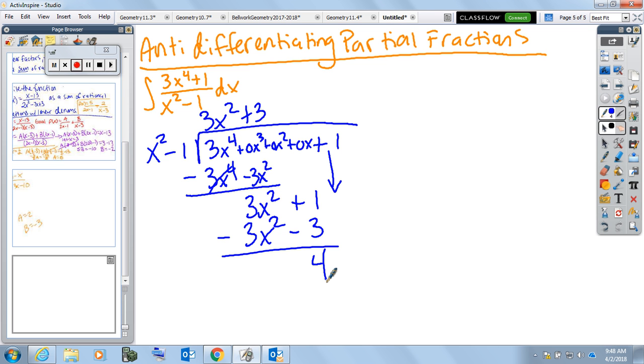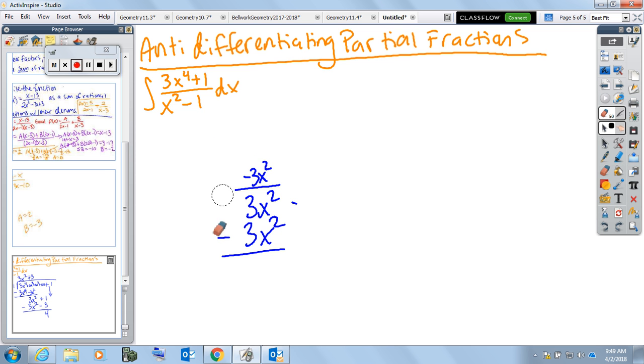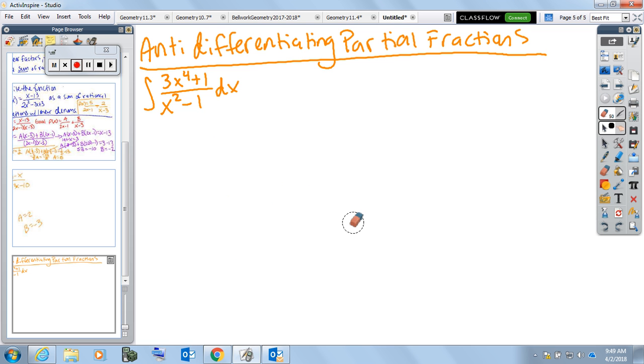So I'm going to go ahead and erase this now, and then we're going to rewrite this, guys. Because this is the same thing now as the integral of 3x squared plus 3 plus our remainder over our denominator.